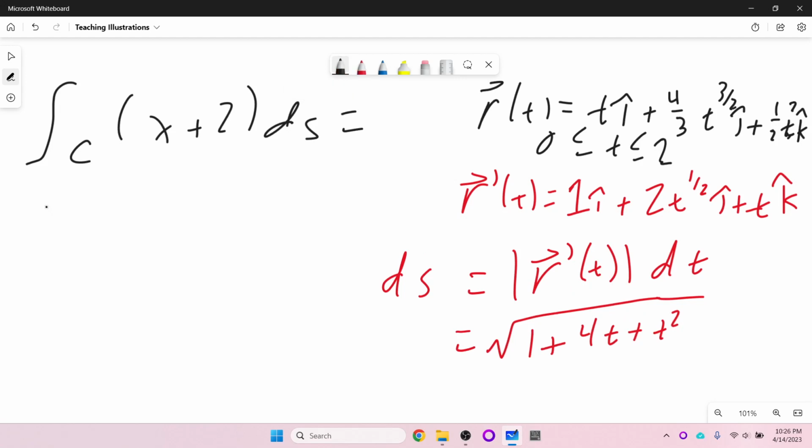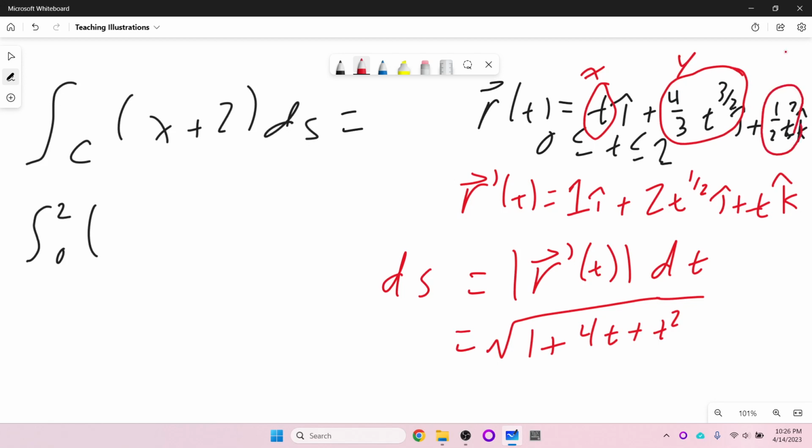This is the integral from 0 to 2 of, let's see, x is t, this is y, and this is z. So we only need x here, so it'll just be t plus 2 times the square root of 1 plus 4t plus t squared dt.